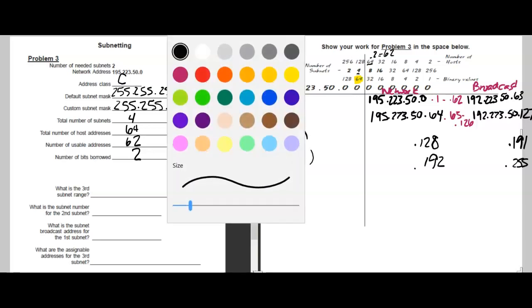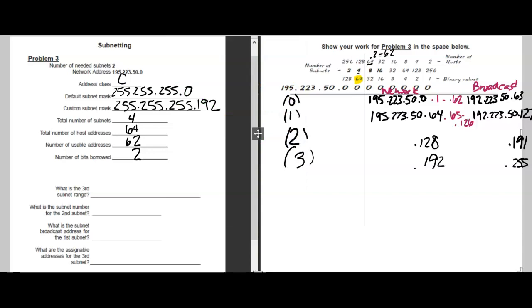And so our usable for those ranges, here we would have .129 to .190, and here we would have .193 to .254. So those are our ranges. We can't go any further. We're at 255. So now we should be able to come back over here and answer our questions.